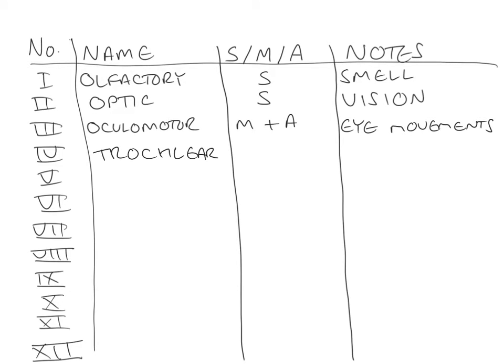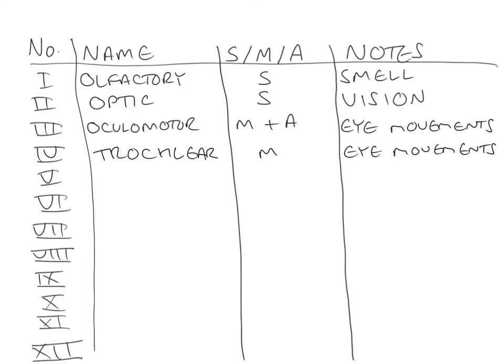And this is because it supplies a single muscle which moves the eye. So it's a motor nerve supplying a single muscle which moves the eye, which means that it's only a very, very small diameter nerve. And when you're looking at the trochlear nerve in the dissecting room, it's very, very easy to break it.